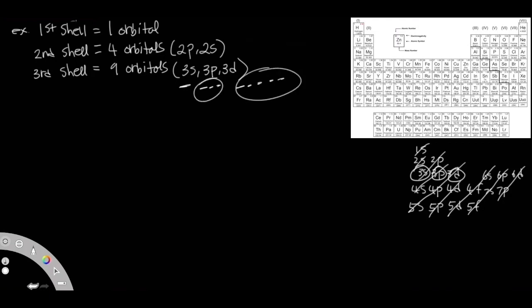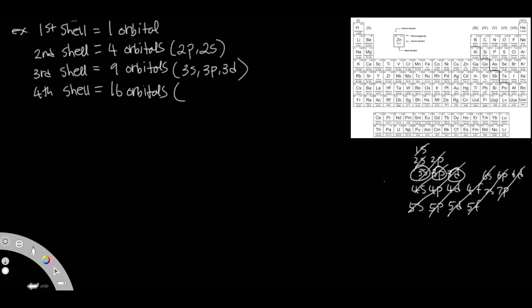You count them all up, 5 plus 3 plus 1. All right? Let's do one more. Let's do our fourth shell. Our fourth shell has 16 orbitals. If we look at what we have, the 4s, the 4p, the 4d, and the 4f.